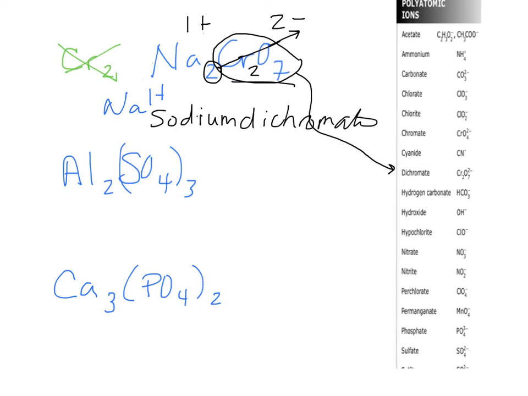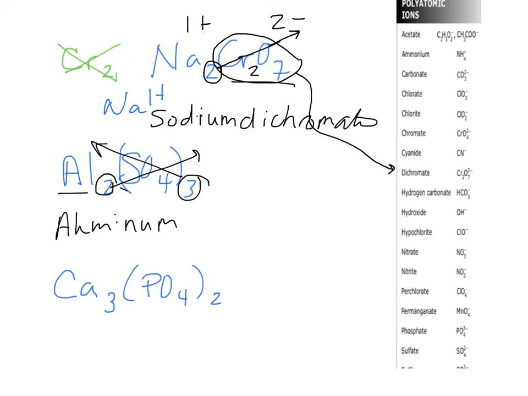Okay. All right, now, next one. We have aluminum. We know this is in group 13, so we're just going to write aluminum. Now, SO4, we see that there are multiple ions there, so we know it's a polyatomic ion. We're going to go to our chart, and remember, this 2 came from here. This 3 came from there.